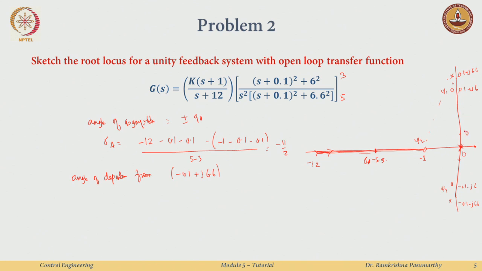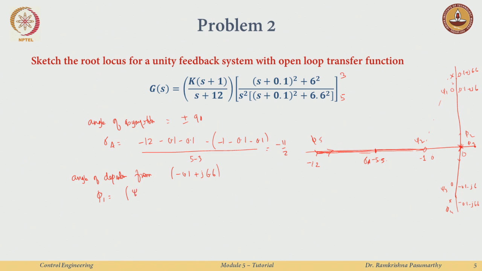So, let me call this phi 2, phi 3, phi 4, okay, and this is the zeros. So, for the angle of departure I just need to compute first what is phi 1, and all these angles, right.